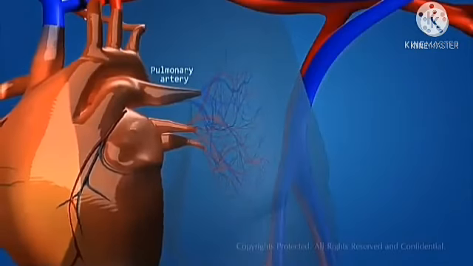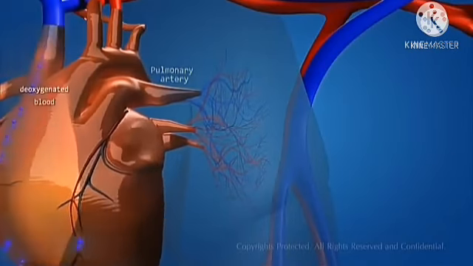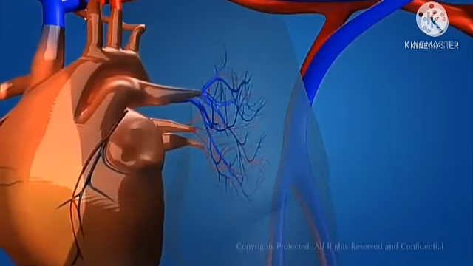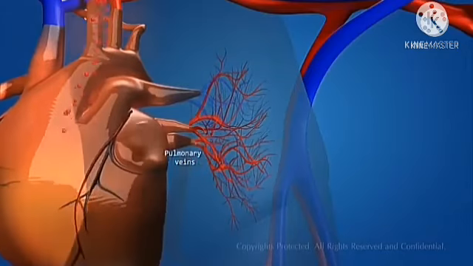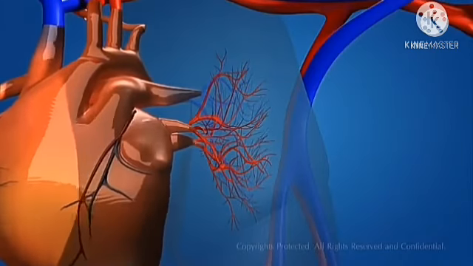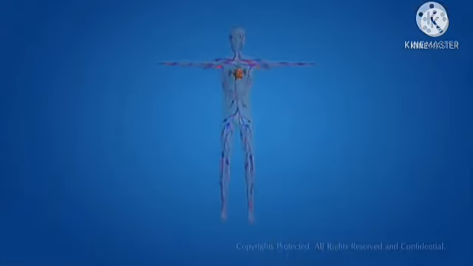The pulmonary artery carries the deoxygenated blood to the lungs for oxygenation. The lungs oxygenate the blood by exchanging gases, and it flows back into the heart through the pulmonary vein, and starts the circulatory cycle all over again.